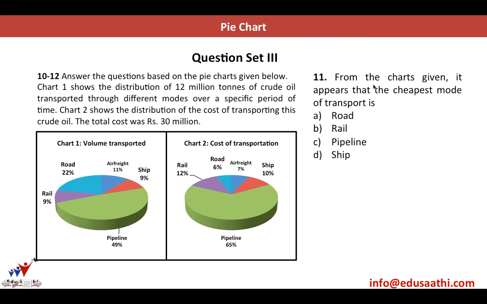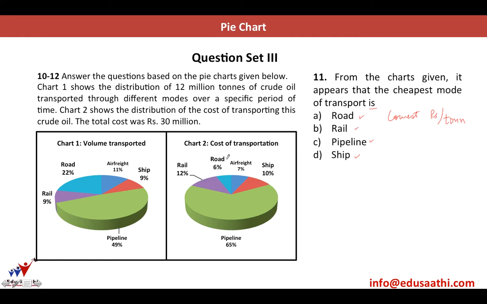From the chart, it appears that the cheapest mode of transport is. So now in this question, we need to calculate which of these 4 transportation modes has the lowest rupees per ton cost. So let's take an example of road.